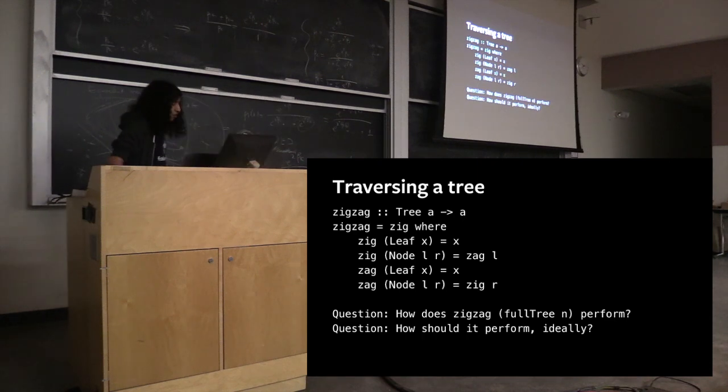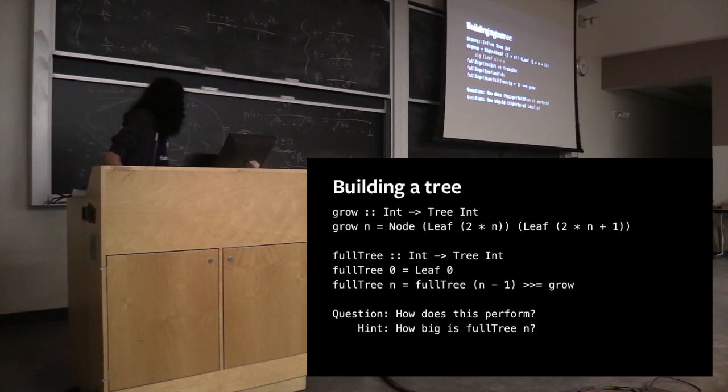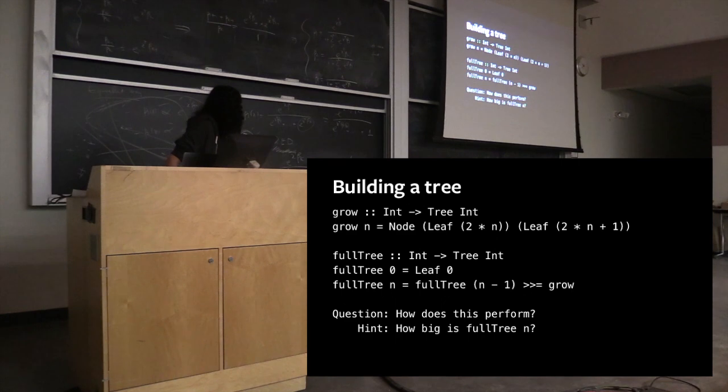However, it turns out this is also going to perform quadratically. And that's because when we recursively build this tree, we actually do some of those repeated traversals that Play does in the list case, right? To build a full tree of depth n, you have to build up a full tree of depth n minus 1. But then to do all of that work of the leaves, to expand those leaves out, you have to retraverse the tree you just generated.